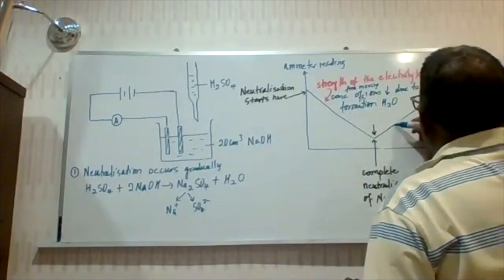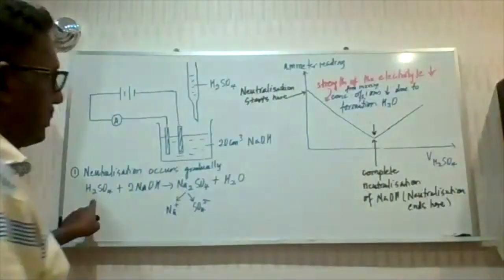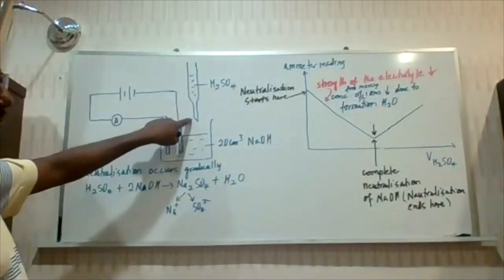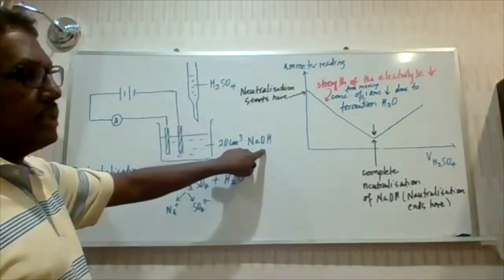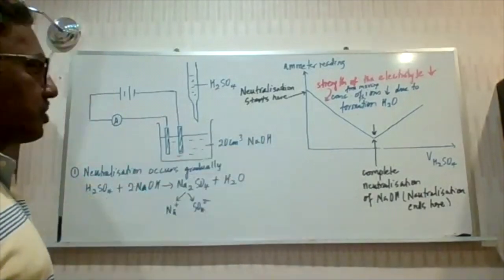There is an overshoot of sulfuric acid. That means neutralization is completed. Further addition of sulfuric acid does not go to neutralize the sodium hydroxide, but increases the concentration of hydrogen ions.